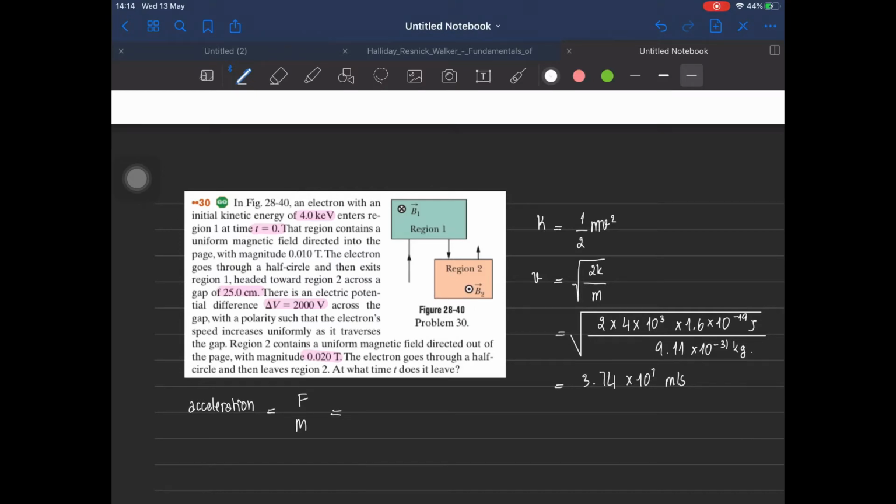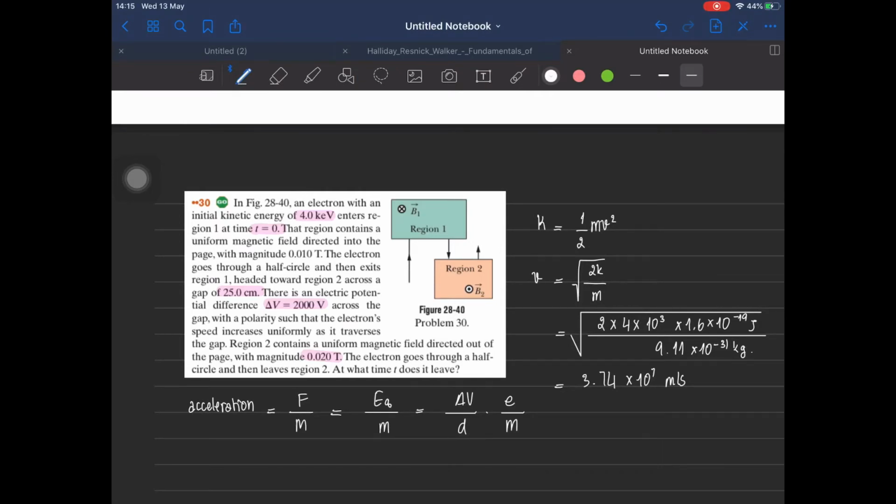And we have this one as Eq over m, while this one can be written as delta V over d, from the formula of the potential difference, V equals Ed.